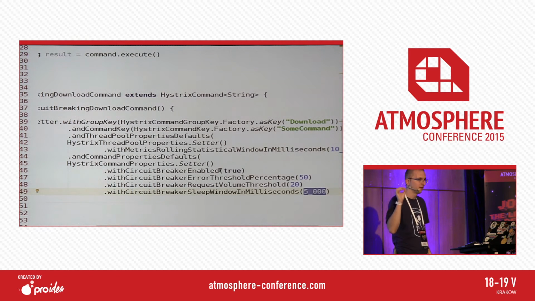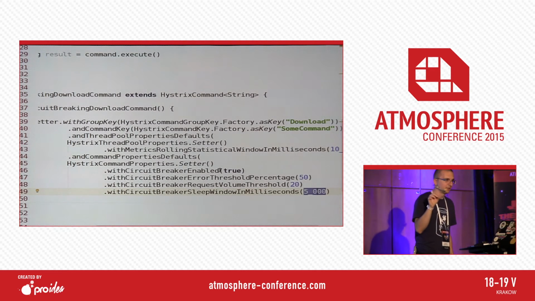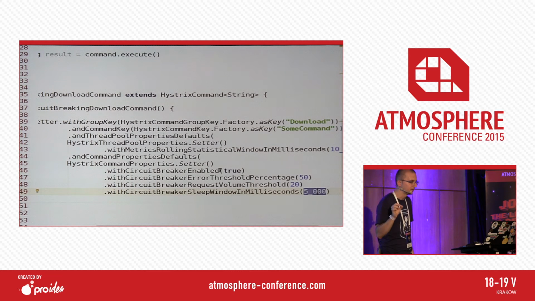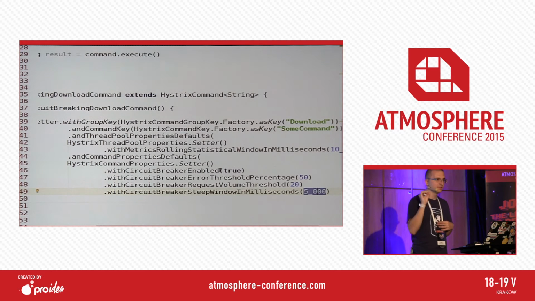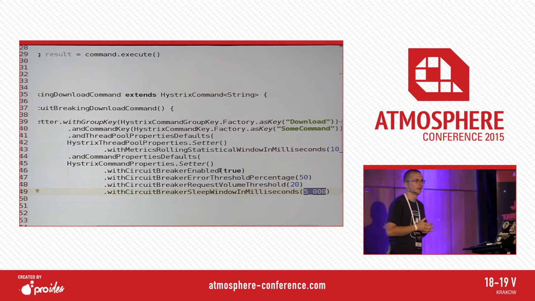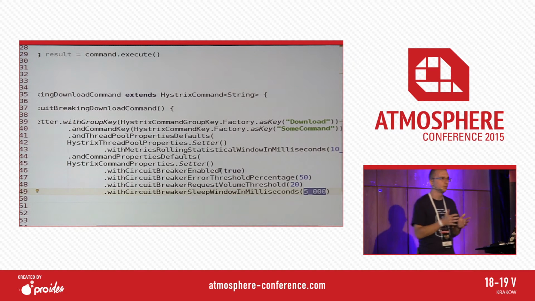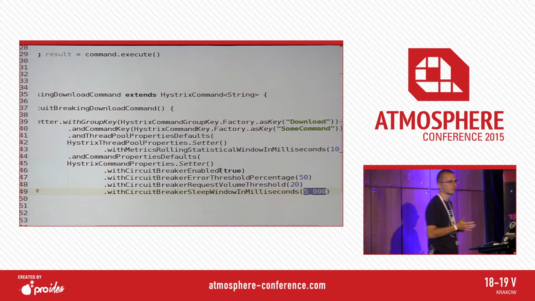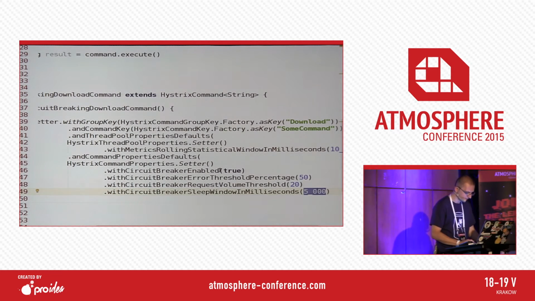So after 5 seconds, one request, like a probe or like a sample, is being executed. If it succeeds, the circuit breaker is closed again. So it means that the system healed itself and it recovered. If the single sample probe failed, well, we go back to an open state and we wait another 5 seconds. That's how it works. Is that clear? There will actually be a demo, so you will see how it works in practice.